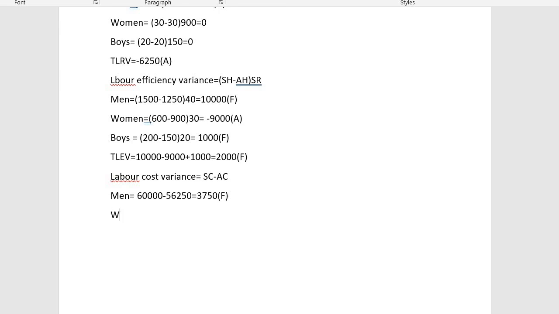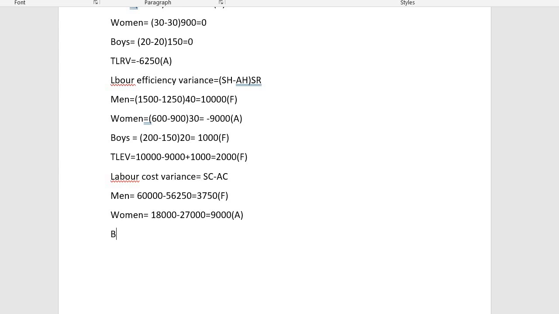Next for women, 18,000 minus 27,000, the difference is 9,000, which is adverse variance.